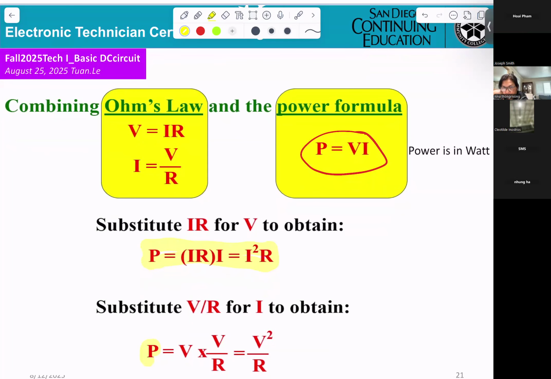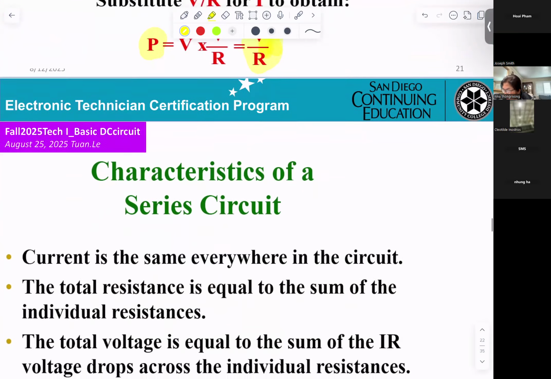And also, the last one, V squared over R. So, in order to calculate the power, you get three formulas: P equals V times I, or P equals I squared times R, or P equals V squared over R.